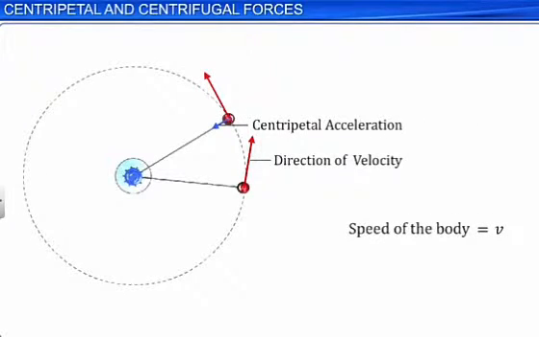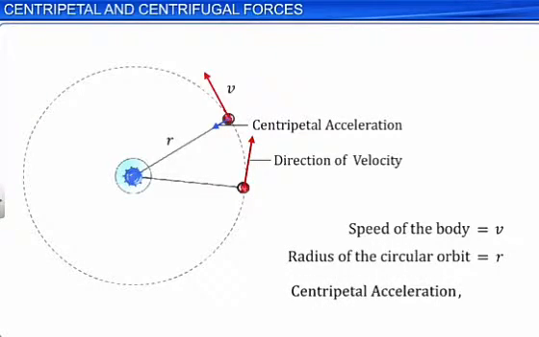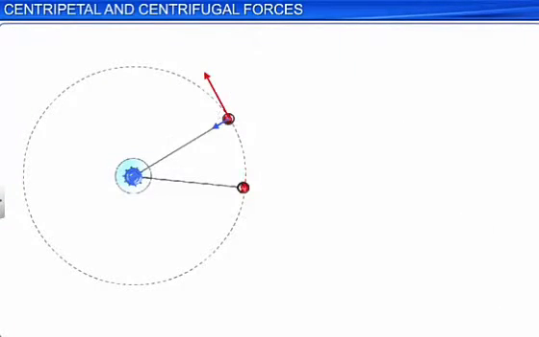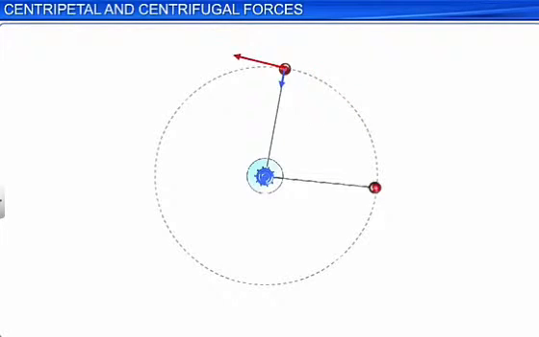If the speed of the body is v and the radius of the circular path is r, then the magnitude of the centripetal acceleration, A, is given by the expression A is equal to v square by r. Let us understand the force responsible for the centripetal acceleration of a body in uniform circular motion.